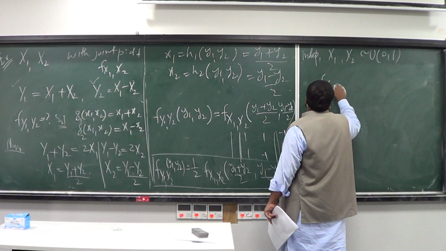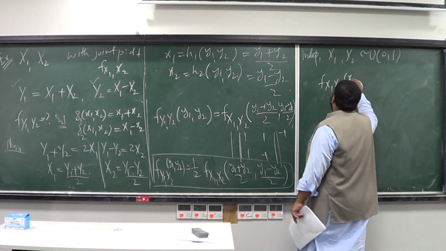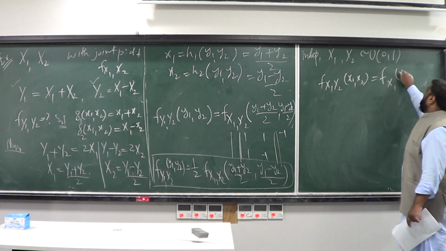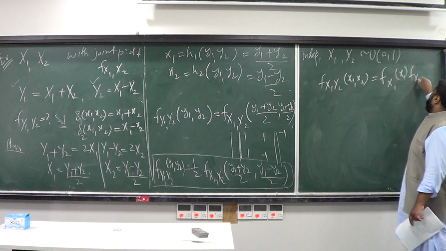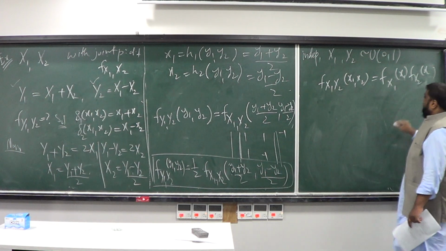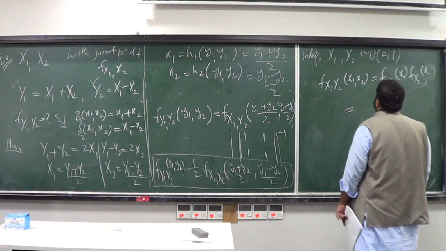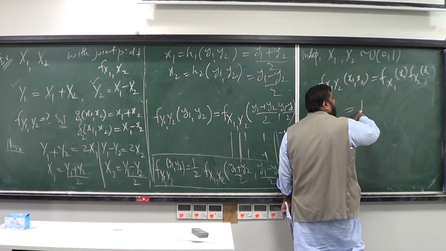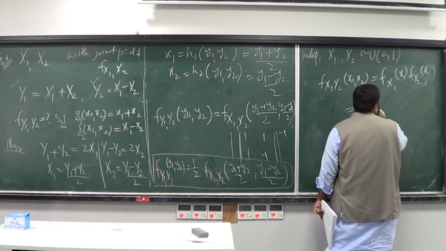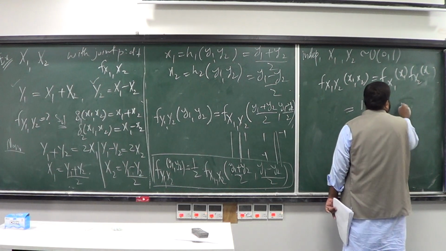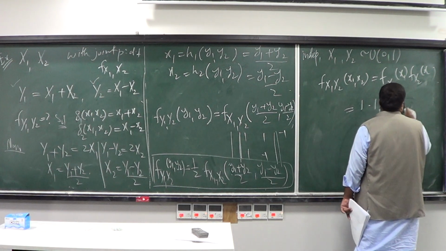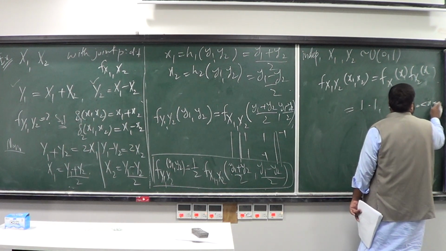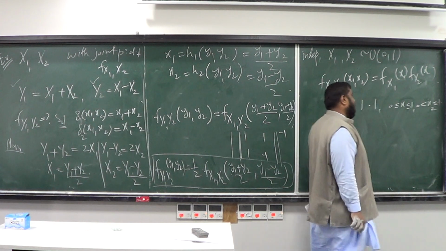The joint PDF of x1 x2 is going to be the product of the PDF of x1 and the PDF of x2. But what would be the PDF of x1 if it is uniformly distributed? It's going to be 1 over 1 minus 0, so 1 times 1, when x1 is between 0 and 1 and x2 is also between 0 and 1 actually.